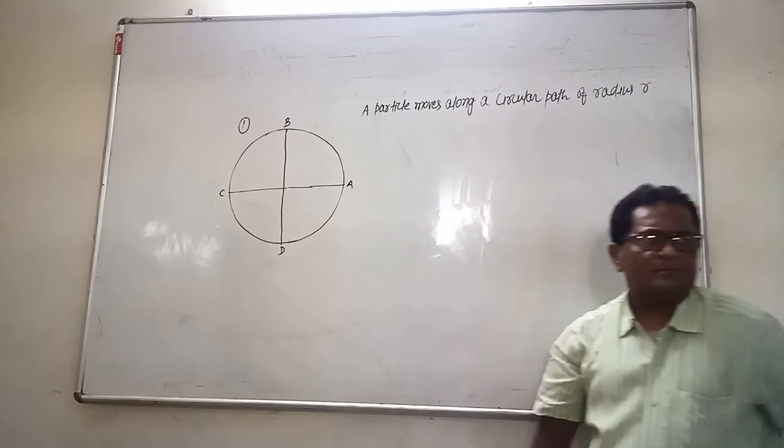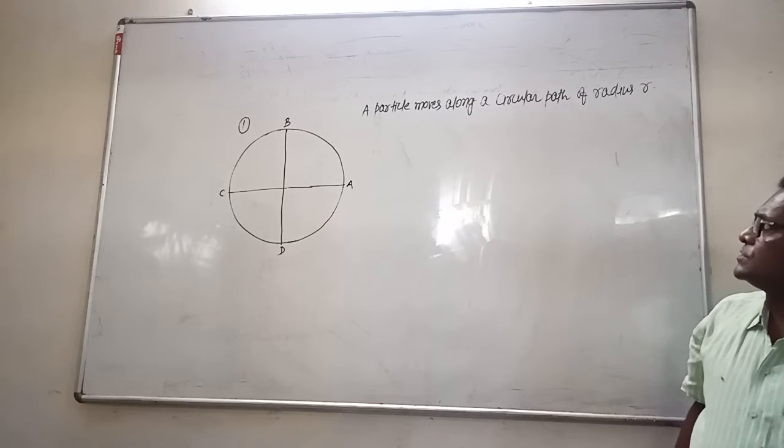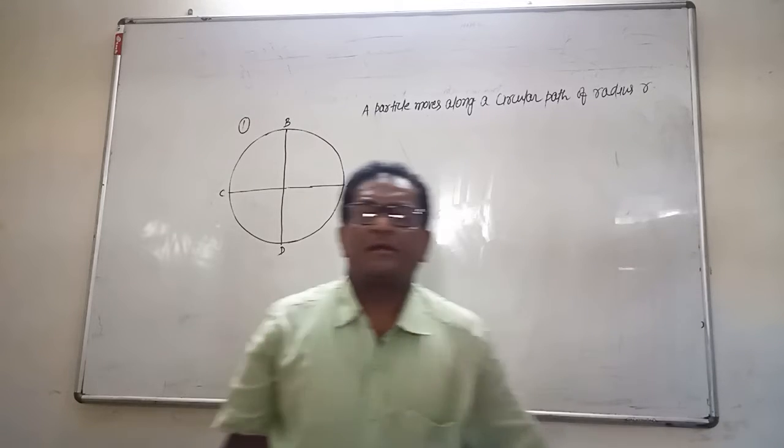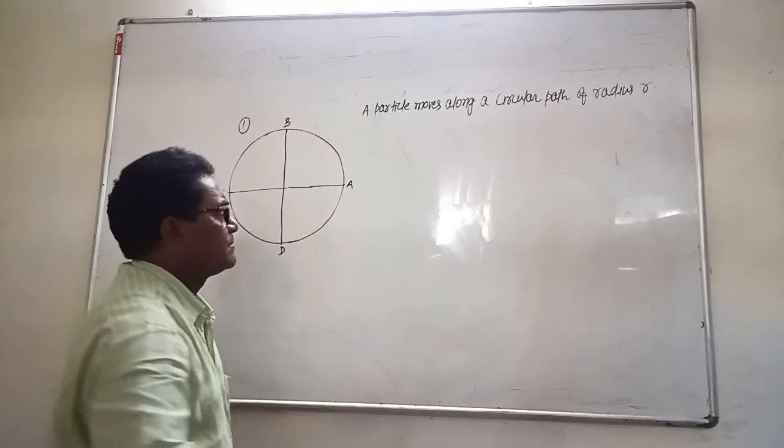There is a particle which moves along a circular path of radius r. It starts from point A.